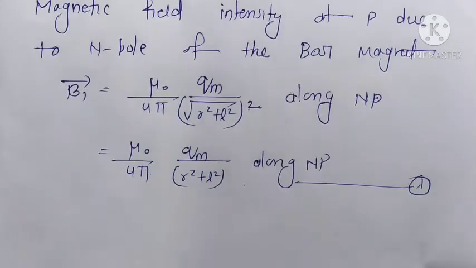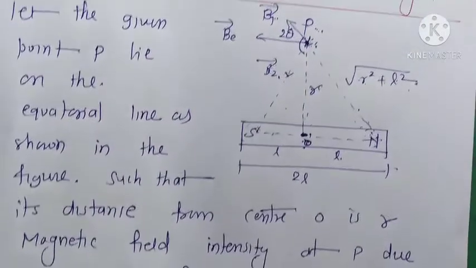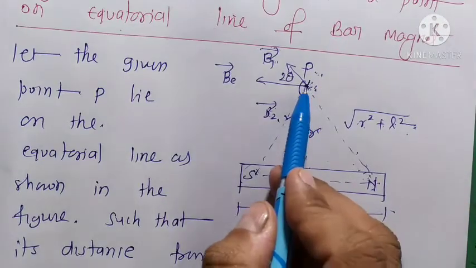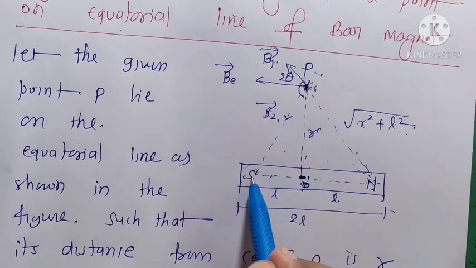Now we have to find the magnetic field intensity at point P due to this south pole.